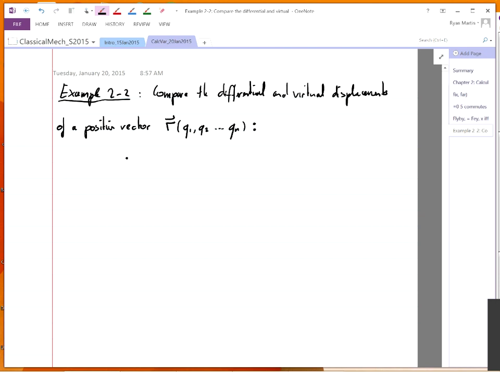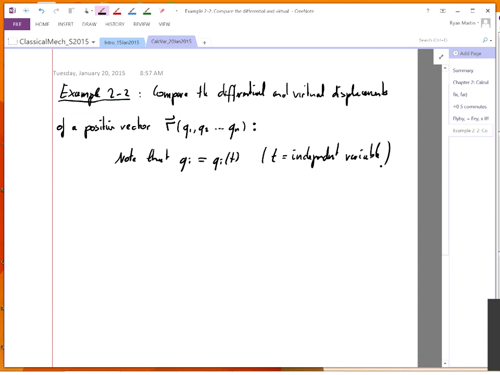So note that the q's are functions of time. Right? So t is the independent variable.